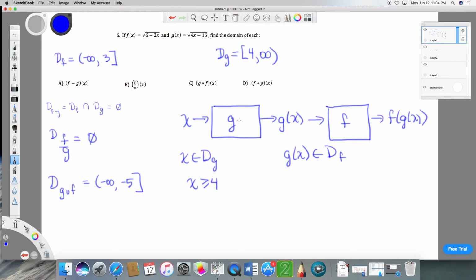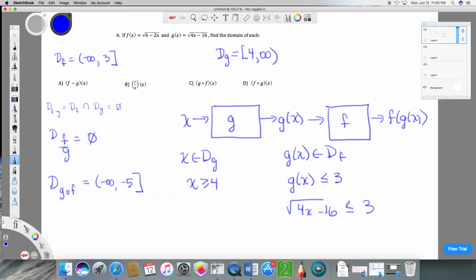So for g, we knew that x had to be greater than or equal to 4. If you're less than 4, you're taking the square root of a negative number. And this g of x, to be in the domain of f, has to be less than or equal to 3. So we know that g of x is the square root of 4x minus 16.